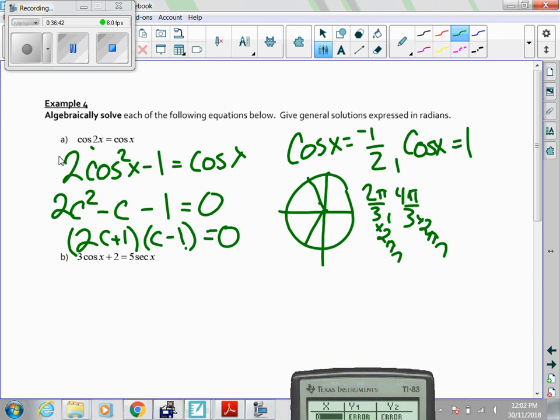Cos x equals 1, though, is going to happen just up here. Right? So cos x equals 1 is going to happen at just 0 and 2 pi. So just 2 pi n. Now, if you look at this, do I want to show you? Yeah, I will. See how these are each 120 apart?